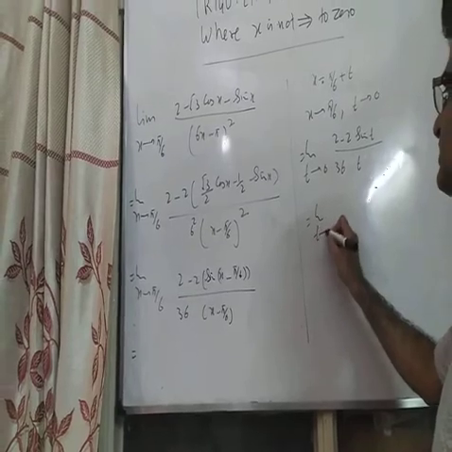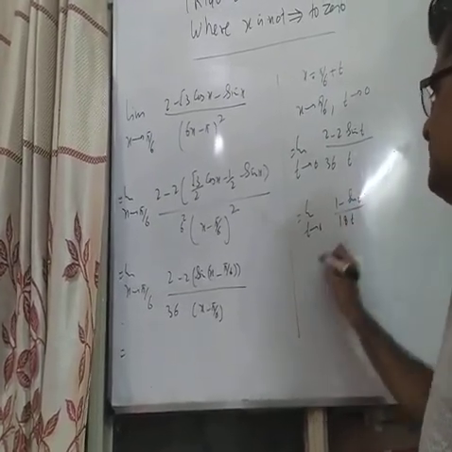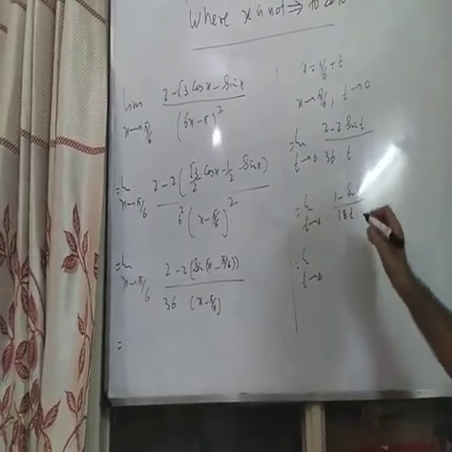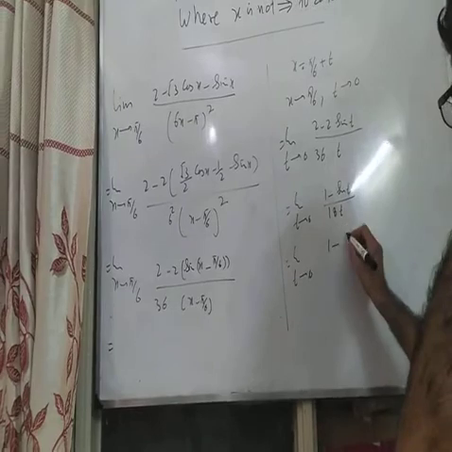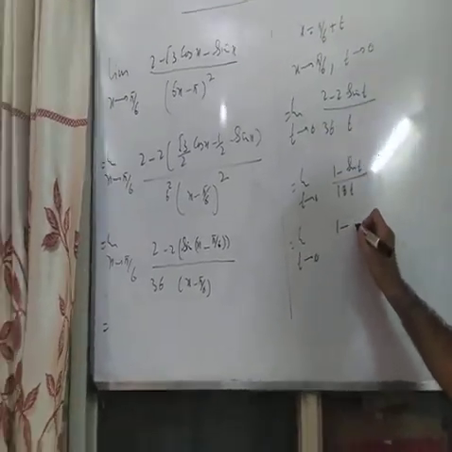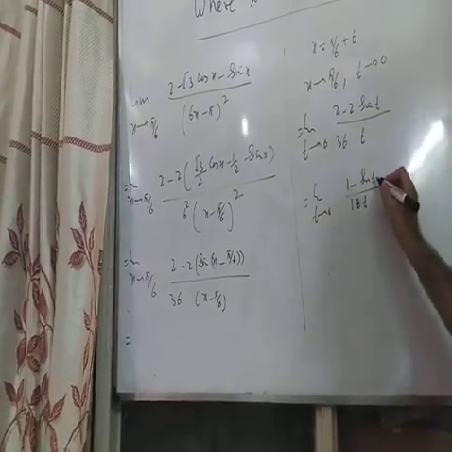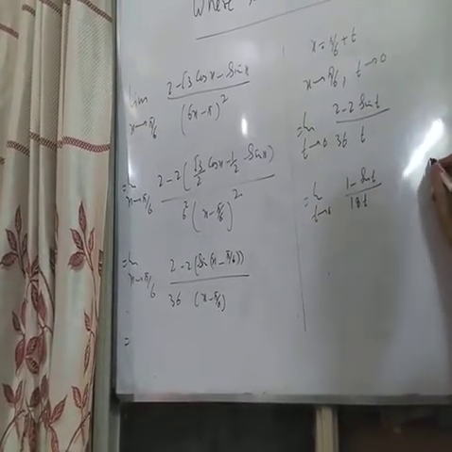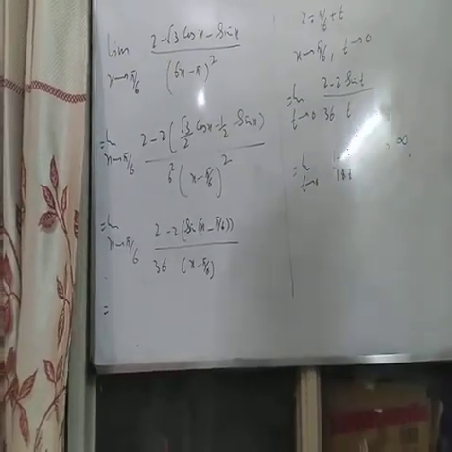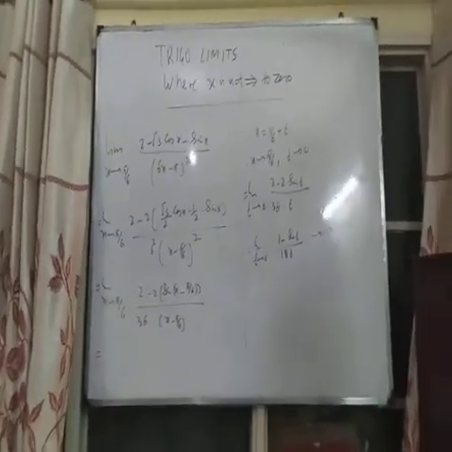So limit t tends to 0, it is 1 minus sine t upon 18t. If we put t equals to 0, what we can see is 1 upon 0. So it is tending towards infinity. So this answer is tending towards infinity if this is the question.